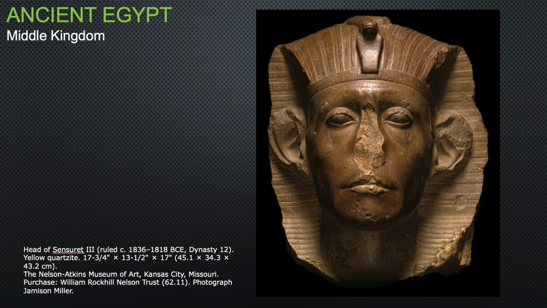Now we get to the Middle Kingdom. There was an intermediate period, and then there's the Middle Kingdom. The intermediate period was chaotic, and then stability was restored under Mentuhotep's 12th dynasty. This is the only piece from Middle Kingdom we're going to see, Senusret III. It's a royal portrait.